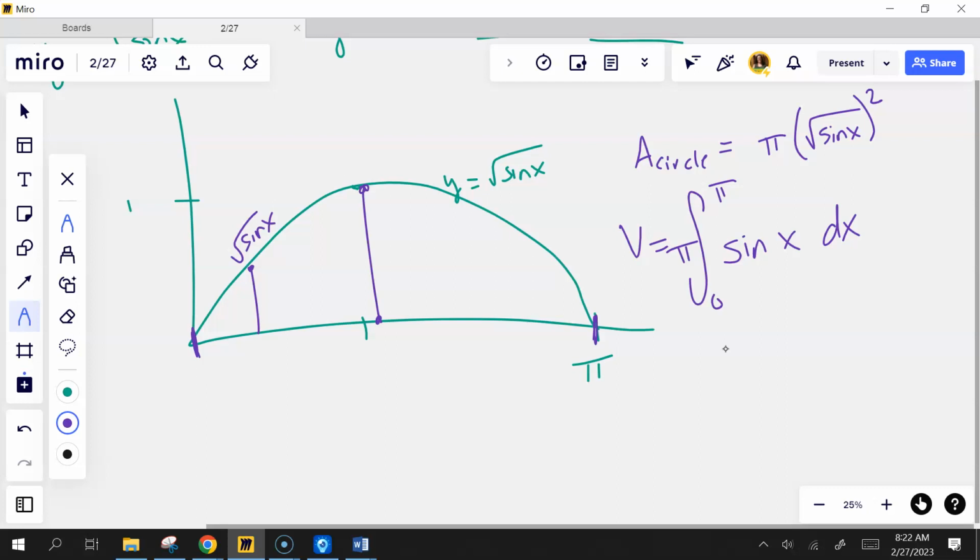So now what's the antiderivative of sine x? You don't have to solve it? Oh, boo, hiss. This is an easy one to solve. Okay. Let's solve it together anyway, just because we can. What's the antiderivative of sine x? Negative cosine x. So I'm going to do pi times negative cosine x evaluated from 0 to pi.